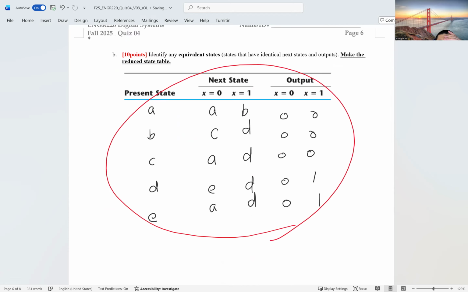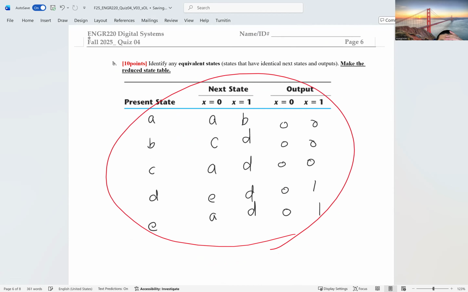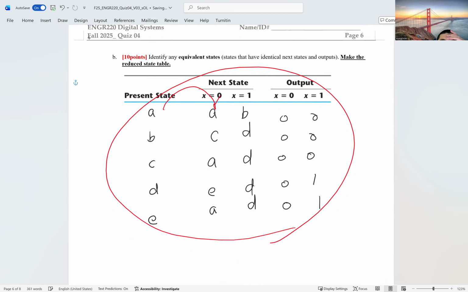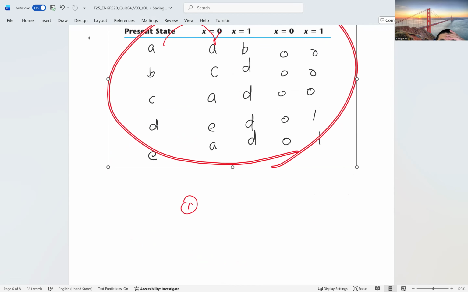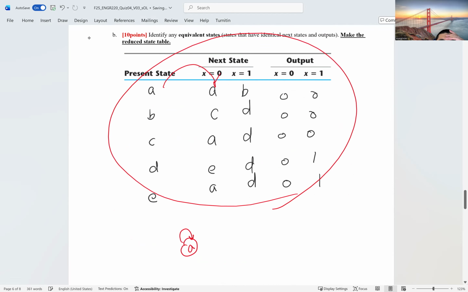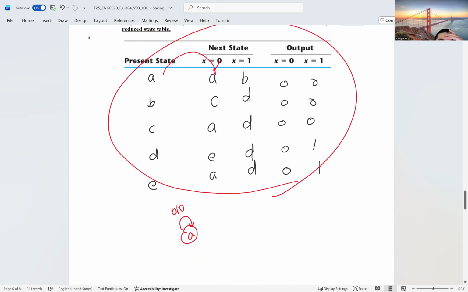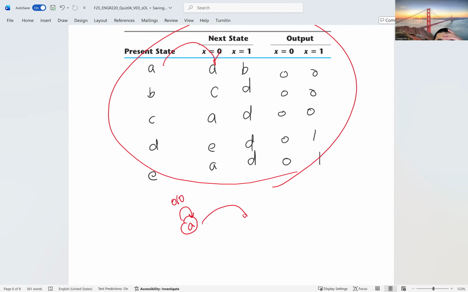And then in here, for example, A to A, that was the input X equal to 0, the output is 0, something like this. And also A to B, for example, X equal to 1, it's right there, and then it was 0, something like this.